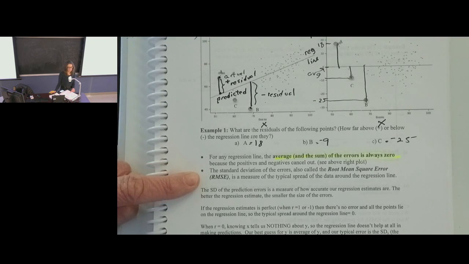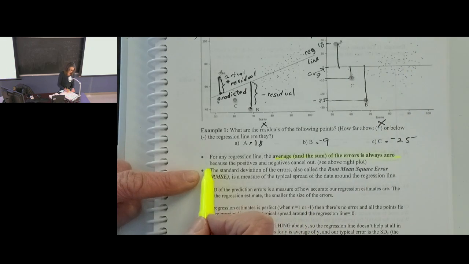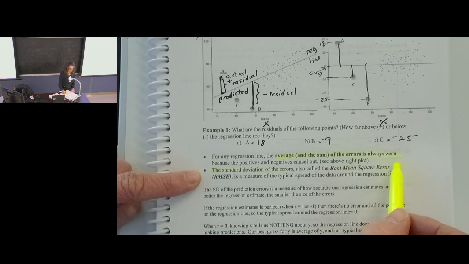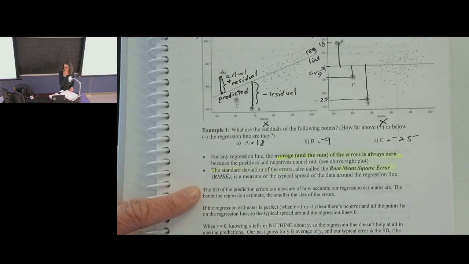And the standard deviation of these residuals is a good measure of the typical size of the error. The standard deviation is also the square root of the average of the squared errors. That's how you figure out a standard deviation, and it's a typical spread.